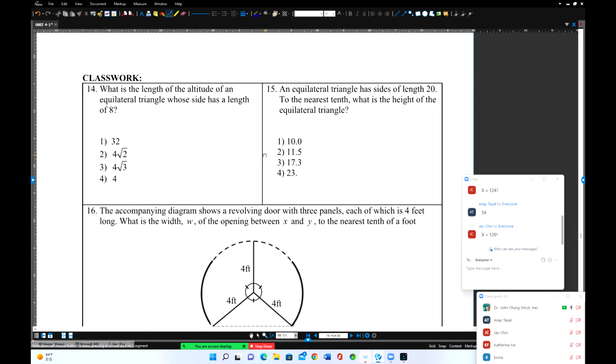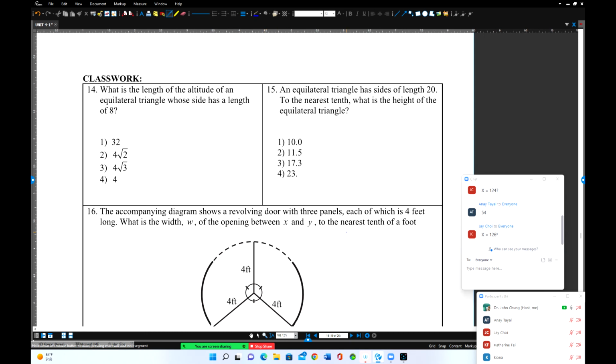Okay, number 14. What is the length of the altitude of an equilateral triangle whose side has a length of 8? We just finished the same kind of question. This is 60, this is 60, this is 60, an equilateral triangle. The altitude is perpendicular to the base. We're going to find this one.